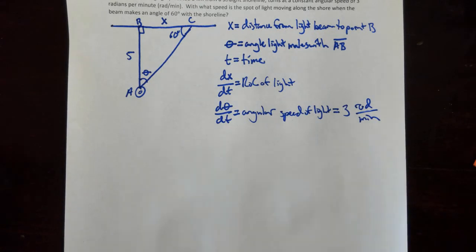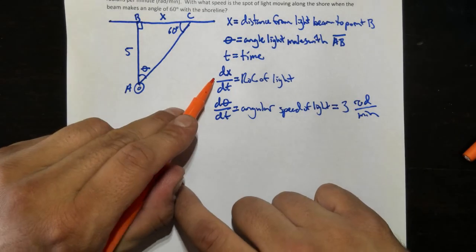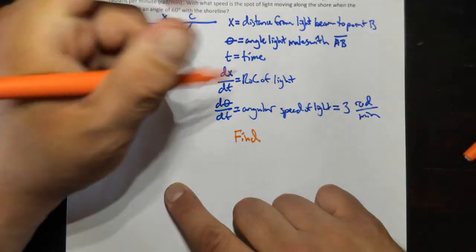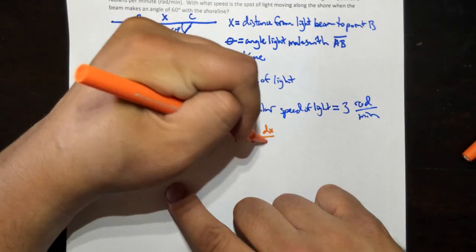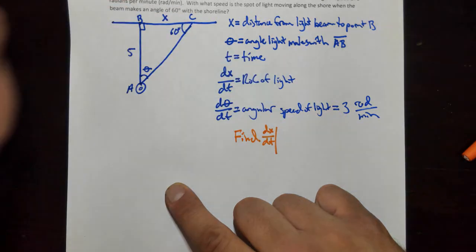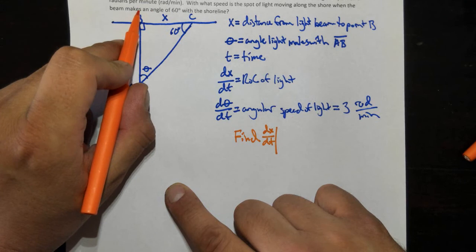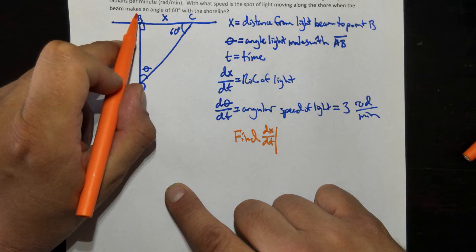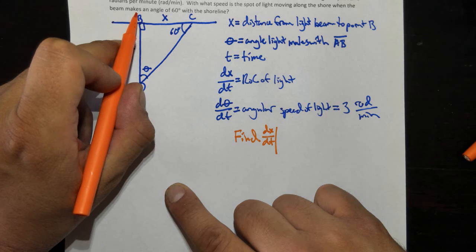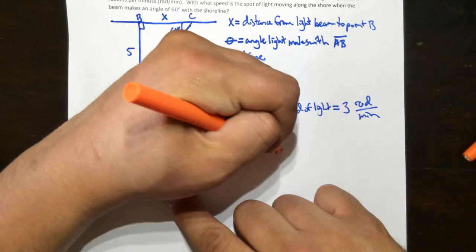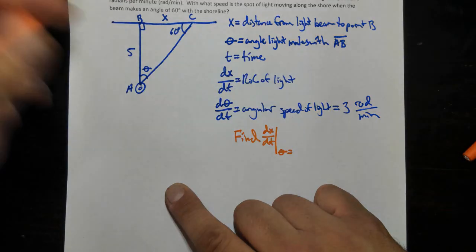Now, what are we looking for? We want to find dx/dt when theta is 60 degrees.